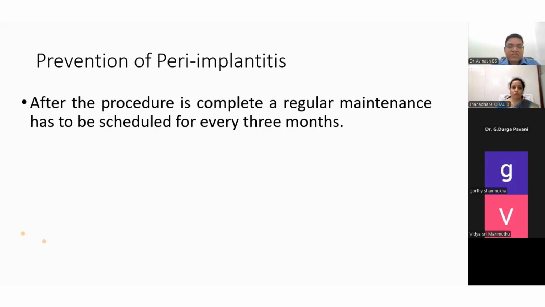So prevention of peri-implantitis or peri-implant mucositis mainly depends on maintenance. At least initially, when you place the implant, for the first 1 or 2 years, the maintenance protocol has to be every 3 months. Every 3 months, you need to recall the patient, reinforce the oral hygiene instructions and also evaluate whether the patient is maintaining well or not.